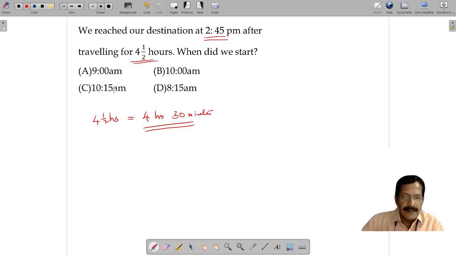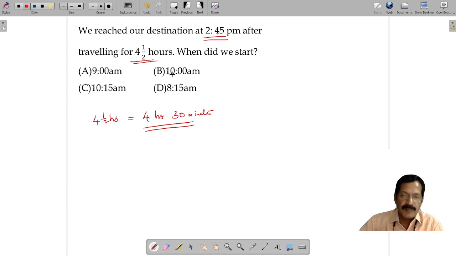See, if you start at 9 a.m., 9 plus 4 hours 30 minutes, we will reach 1:30 p.m. But here it is 2:45 p.m. So option A is not the correct answer. Option B is also not correct. Why?